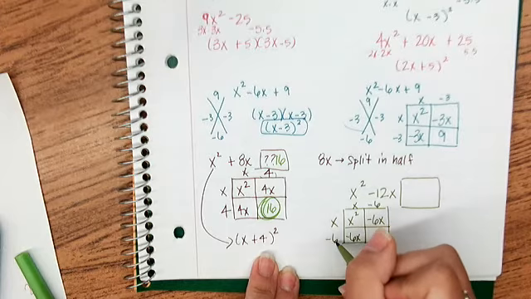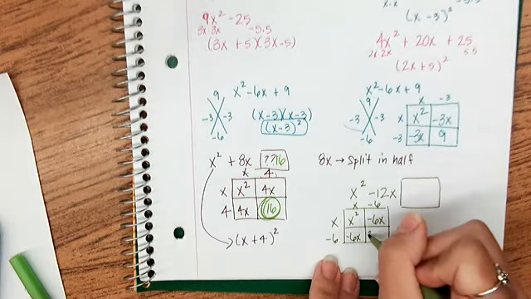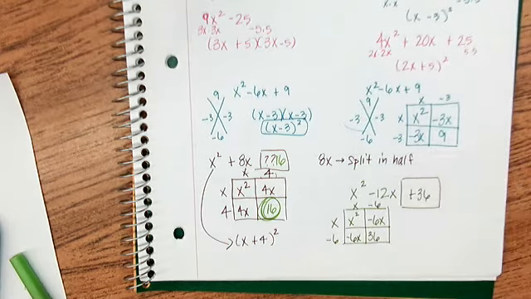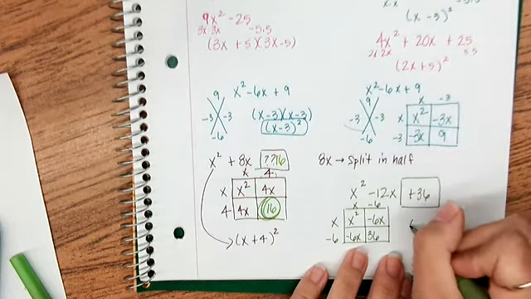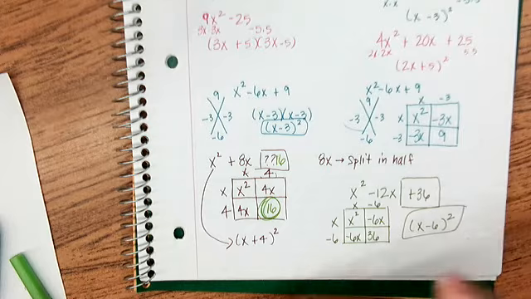Negative 6, negative 6. So what should go here? Hopefully you said 36. I have now created a perfect square trinomial, and it factors as x minus 6 squared.